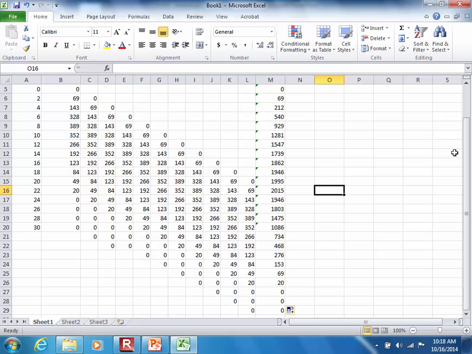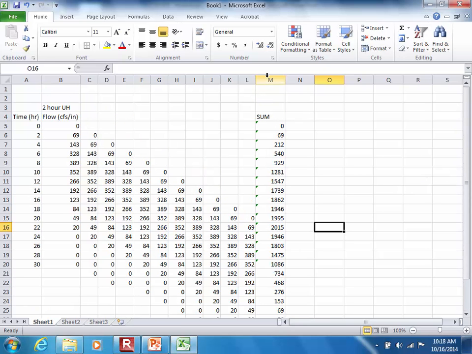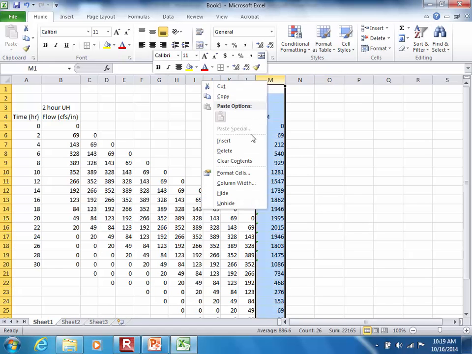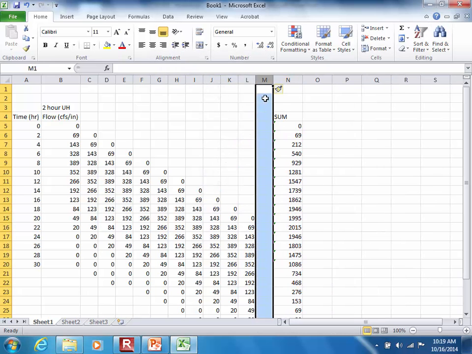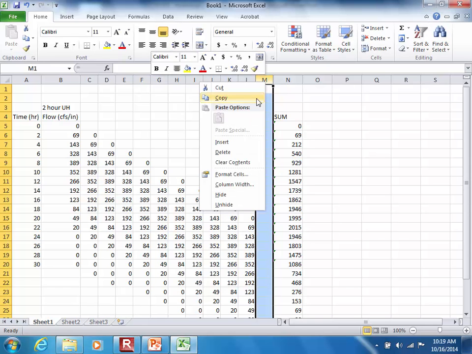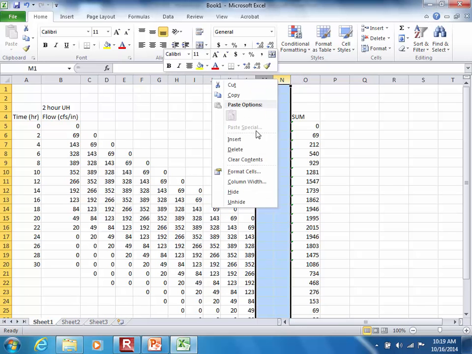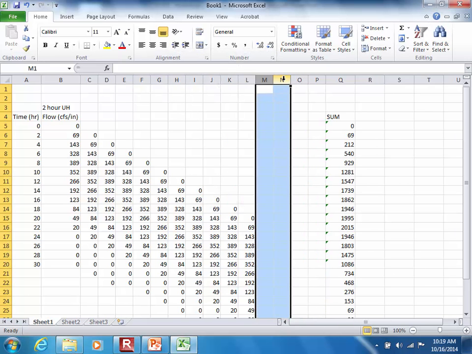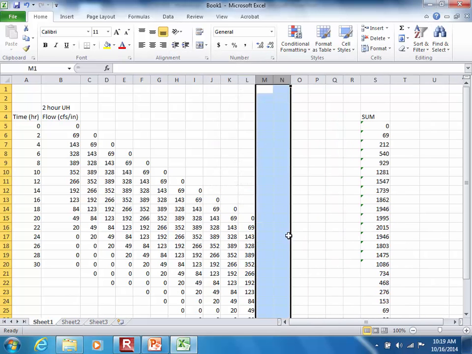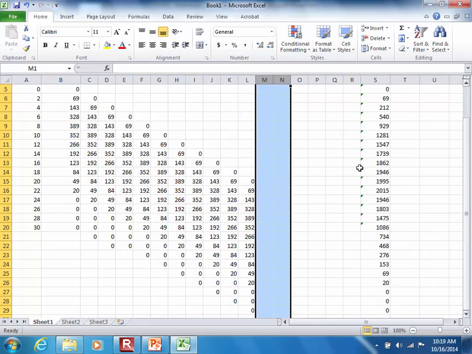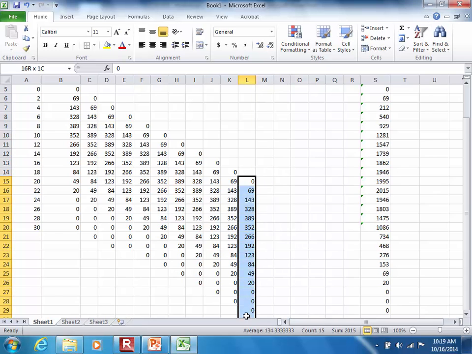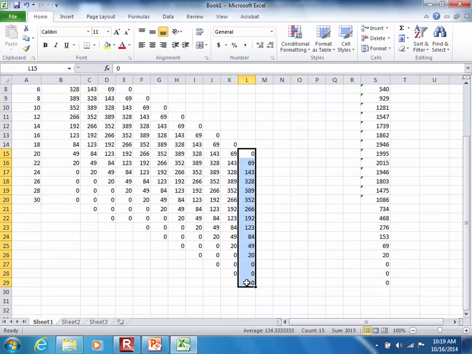We probably need to put in a few more columns because it gets up to a maximum value and then starts going down again immediately. So let me insert a few extra columns here. All right, and then we're going to continue to paste the hydrograph a few more times while we lag it.